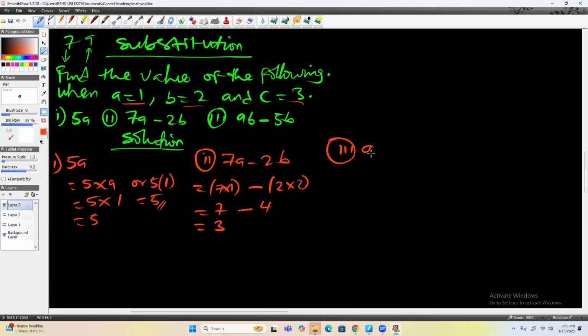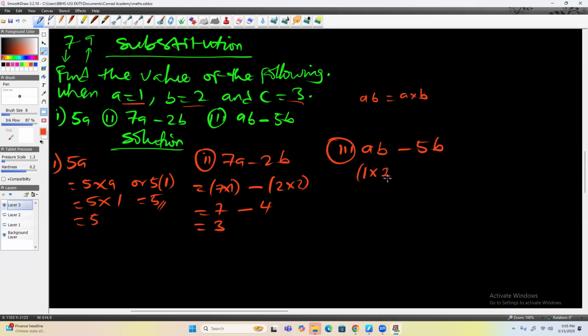Then AB. So just follow the steps. What is A? A stands for 1. What is B? It stands for 2, right? And they are multiplying each other. AB is the same thing as A times B, please always remember.